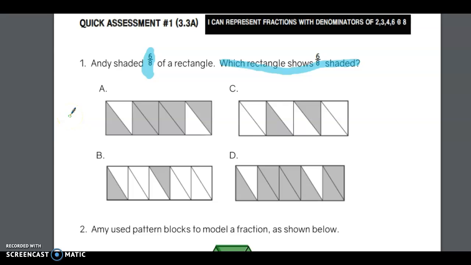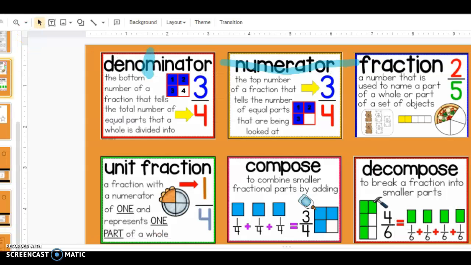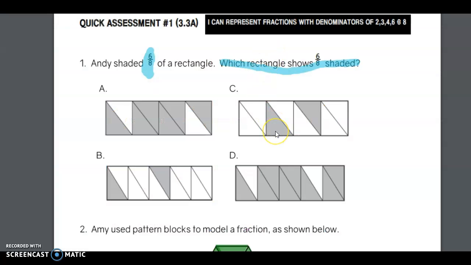Remember, your denominator is the bottom number of the fraction that tells the total number of equal parts in the whole, okay? So that's a little hint. You can go back to that and use that for your answer.